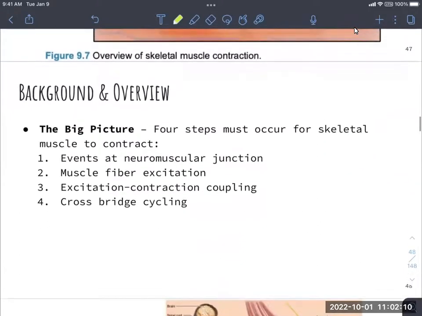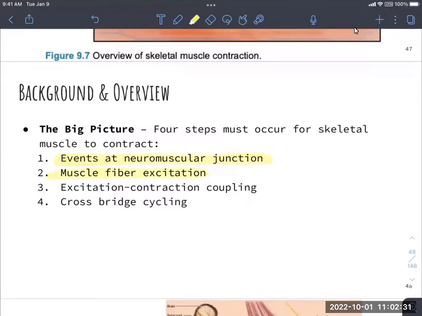So when a muscle contracts, that neuron has to tell the muscle cell, or send it information. So there have to be certain events that happen at that neuromuscular junction that cause that muscle fiber to get excited.